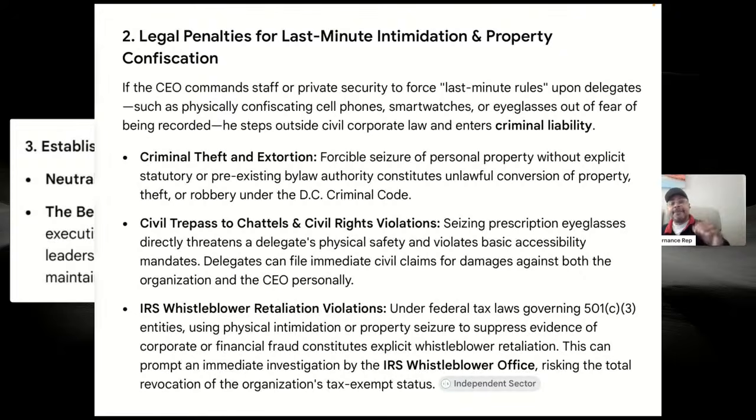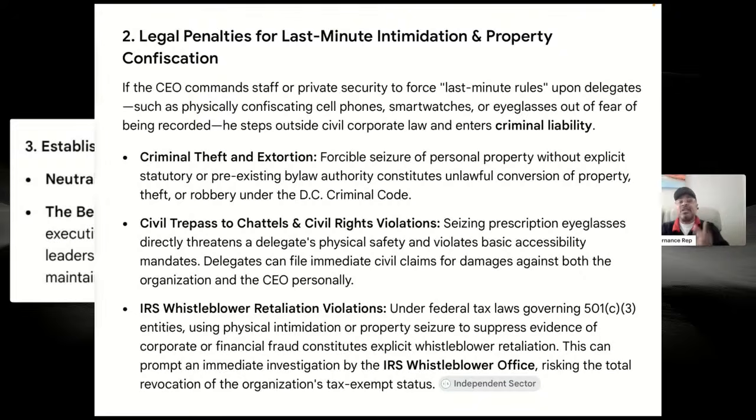When you look at the confiscation of watches, cell phones, eyeglasses, taking anybody's items to look through it, these are things that you're risking: criminal theft and extortion, forcible seizure of personal property without explicit statutory or pre-existing bylaw authority.